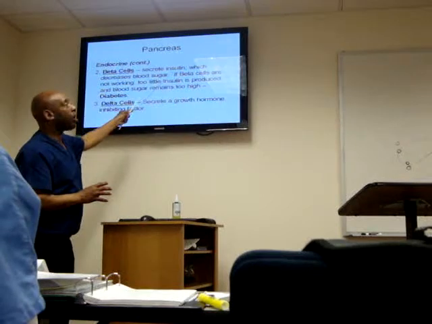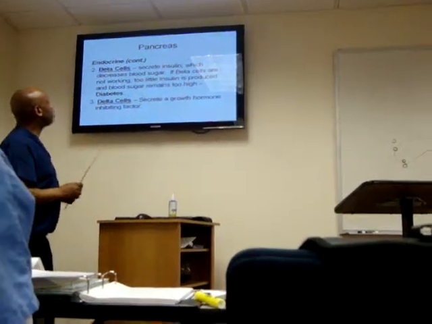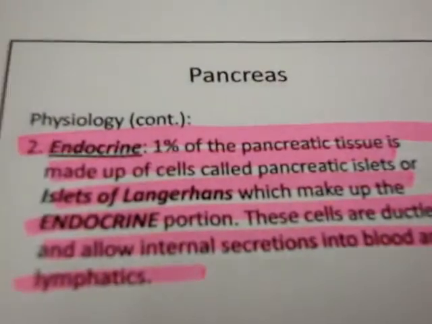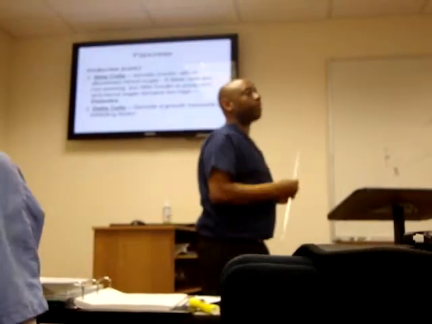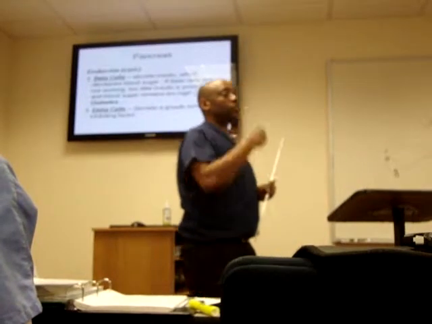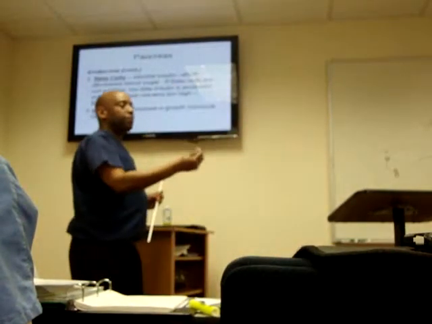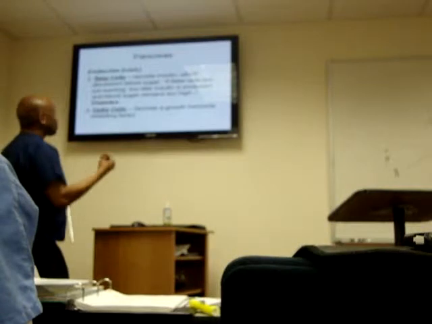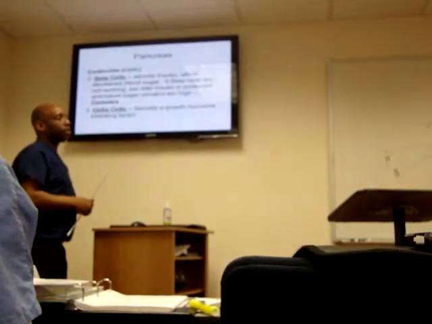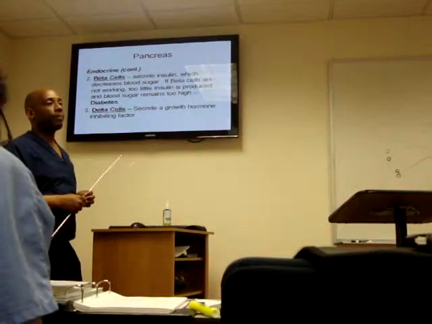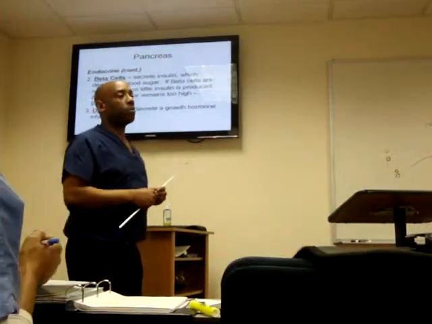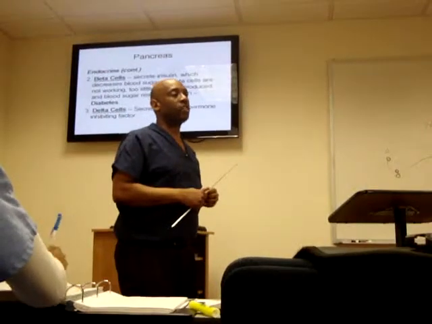There are also delta cells that secrete growth hormone. So the pancreas, as an endocrine gland, a ductless gland, contains alpha, beta, and delta cells. Most important are the beta cells secreting insulin.